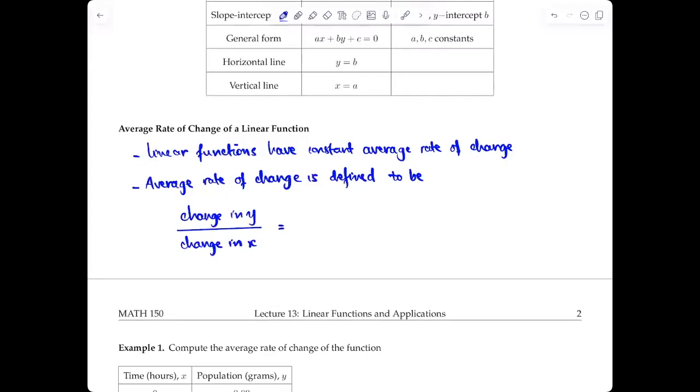The notation for change in y is delta y, and the notation for change in x is delta x. So this is y2 minus y1 over x2 minus x1. This formula to calculate average rate of change is the same as finding the slope of the line going through two points.